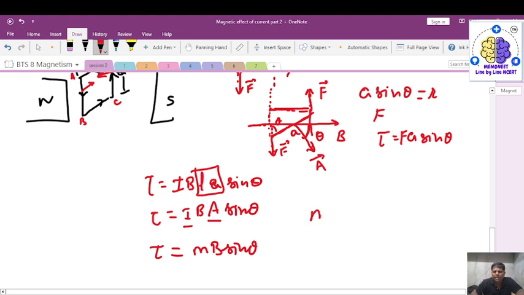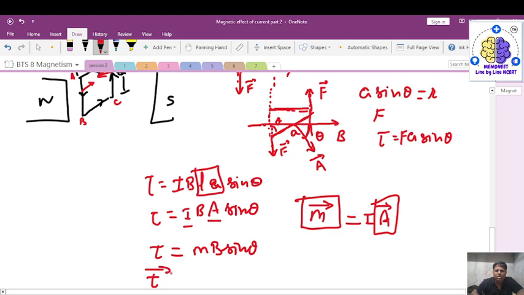What is M? M is known as the magnetic dipole moment, which is equal to I into A vector. So the direction of the magnetic dipole moment is in the direction of the area vector of the coil. So from here we can say that tau is equal to M vector cross B vector, right?